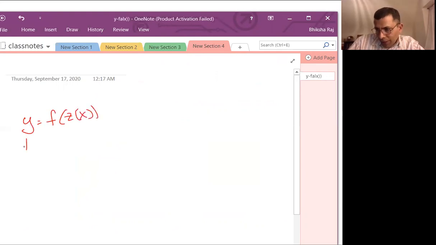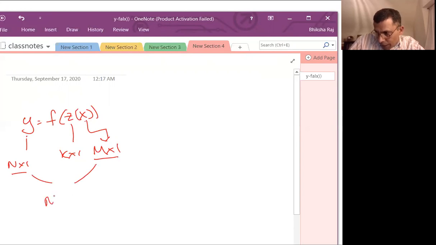And let's say y is an n cross 1 vector. Z computes a k cross 1 vector, and x is an m cross 1 vector. Then eventually y is a function of x. So the Jacobian of y with respect to x must be n cross m.